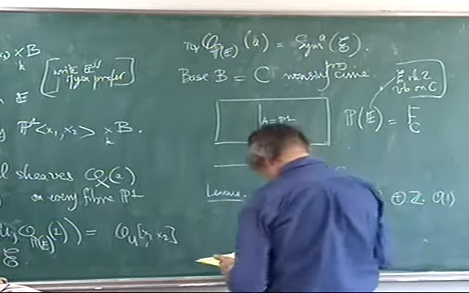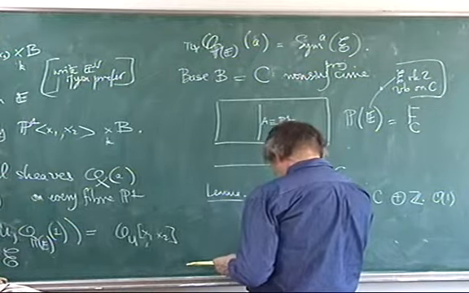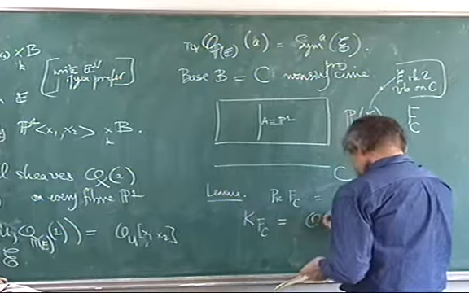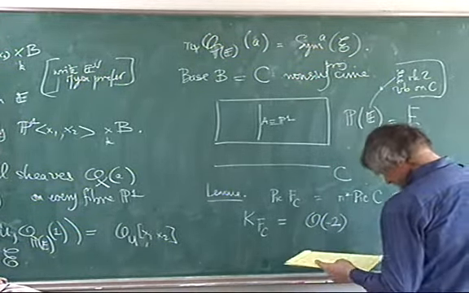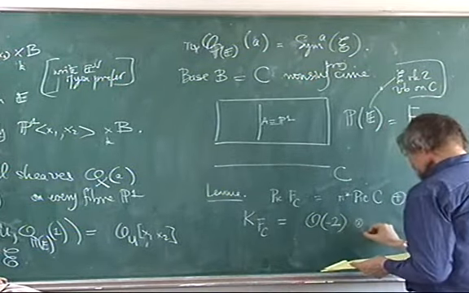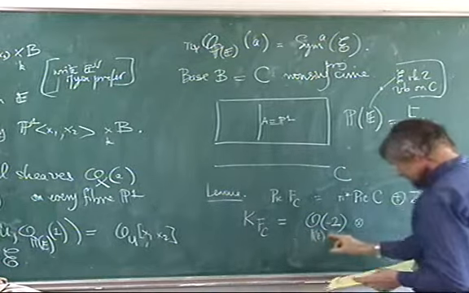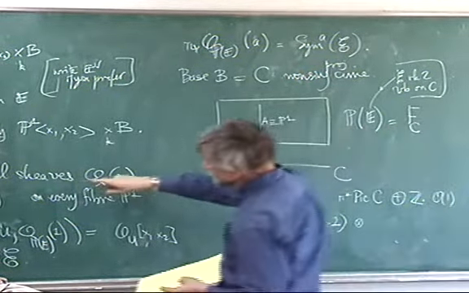And the canonical class of F_C is O of minus 2. It's supposed to be O of minus 2 on each fibre, and then tensor, so this is the P of E. Right. So this is a sheaf on the Proj which is obtained in this way.